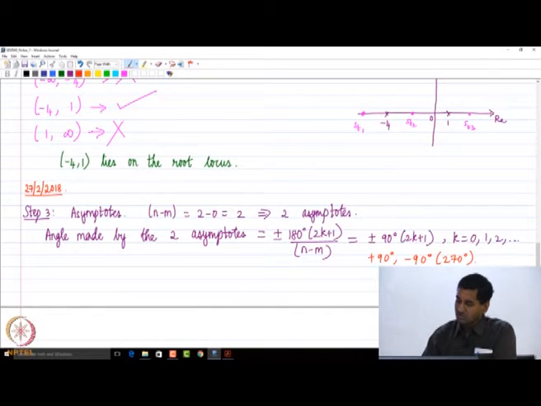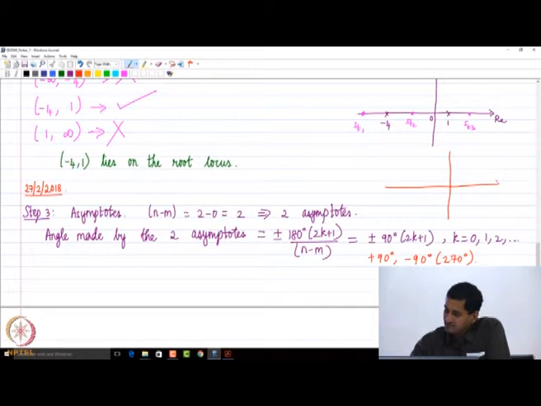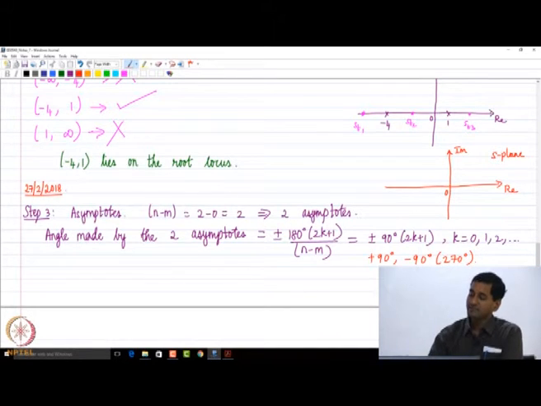If I have to draw the 2 asymptotes, what's going to happen is the following. If I plot the real axis and the imaginary axis, and this is my s plane, the 2 asymptotes are going to make plus 90 and minus 90. Please remember, we have an open loop pole at minus 4 and an open loop pole at plus 1. So that's our base system.